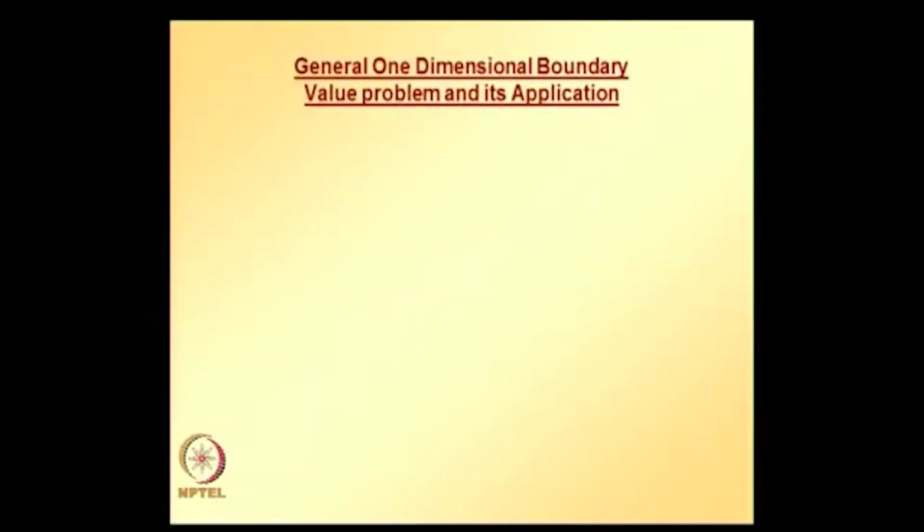So in today's class we will be looking at a more general one dimensional boundary value problem, subjected to boundary conditions which include both essential and natural boundary conditions, and how to derive finite element equations using linear element.